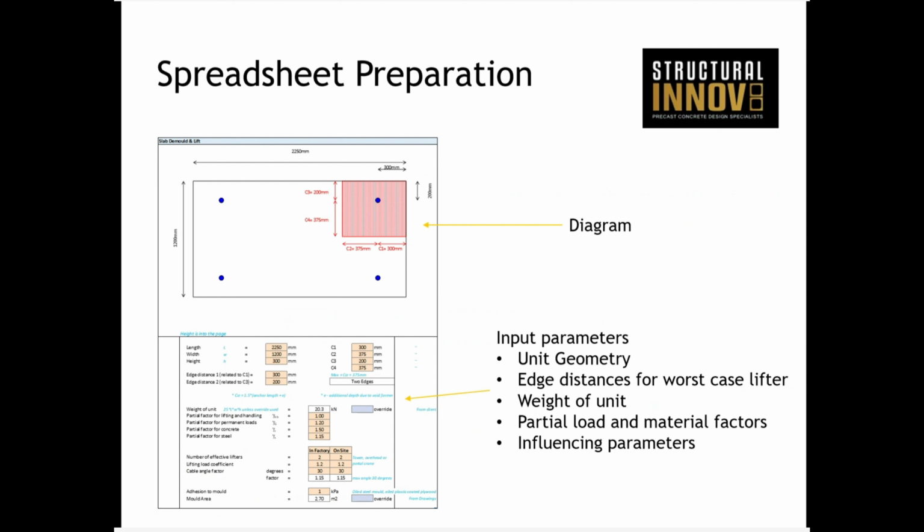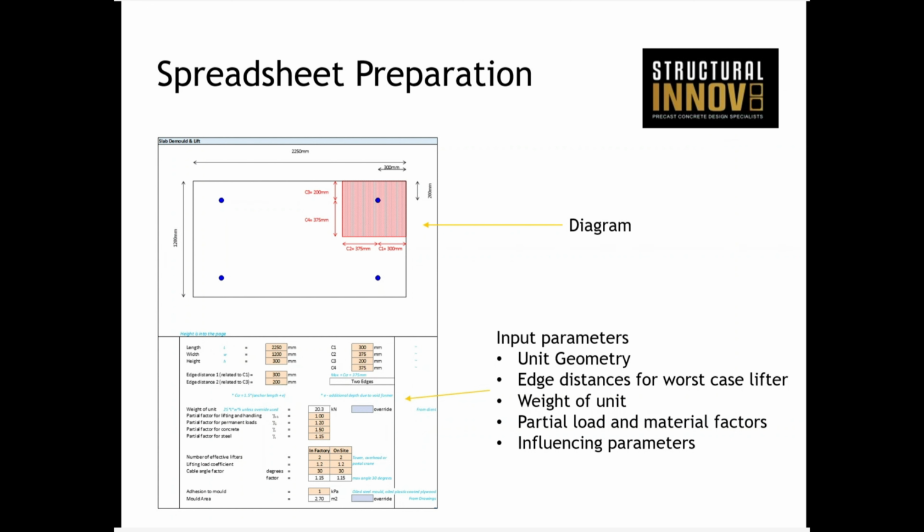So the key parameters of a spreadsheet, and I would have said this at the start, is always start with a diagram. A nice clean diagram with the geometry, the position of the lifters, etc. So that's what we've shown here. And that's the first thing that should appear on the spreadsheet, on the first page of your report: the diagram.